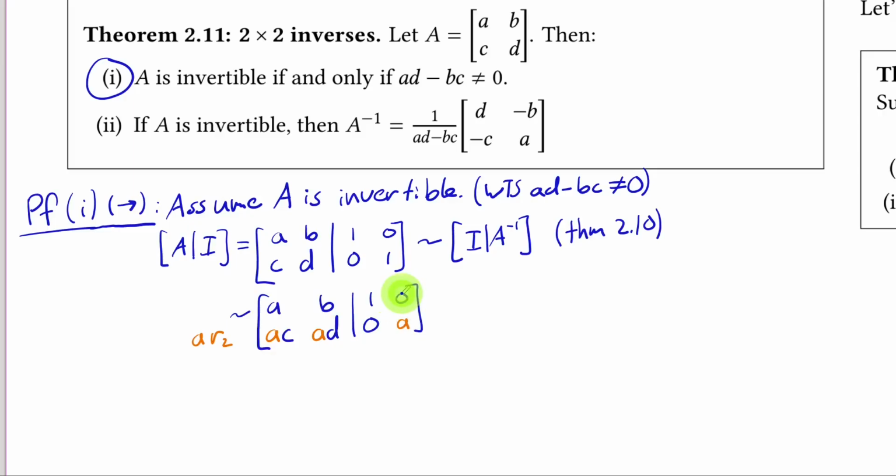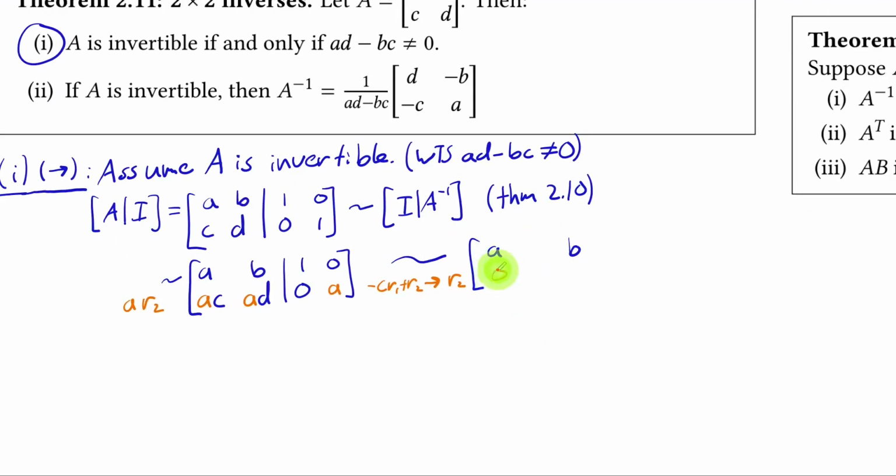Then we can clear out this ac by doing negative c times row 1 plus row 2 to replace row 2. Gives you 0 here, and then an ad minus cb here.